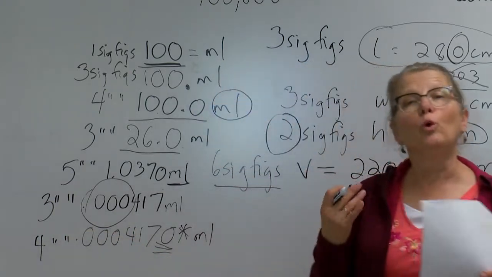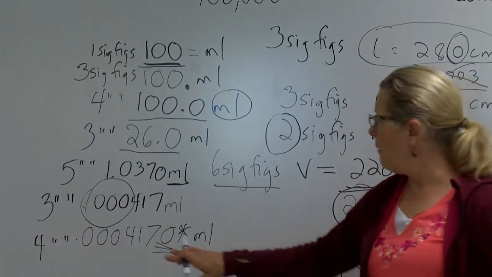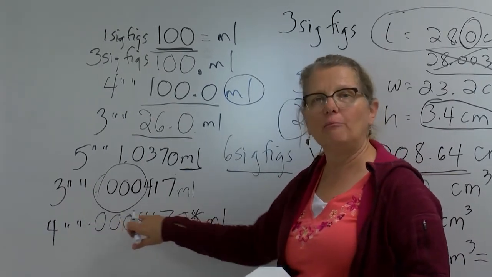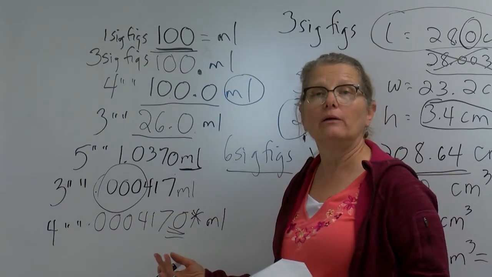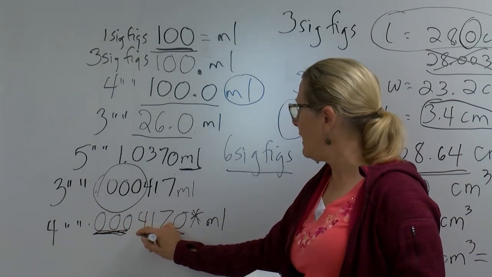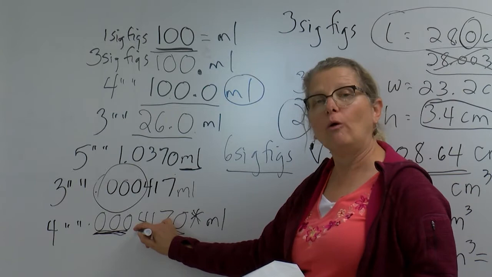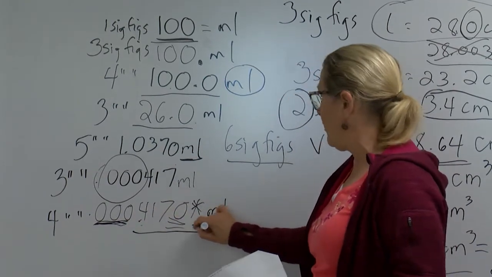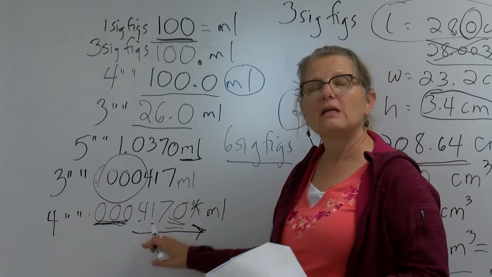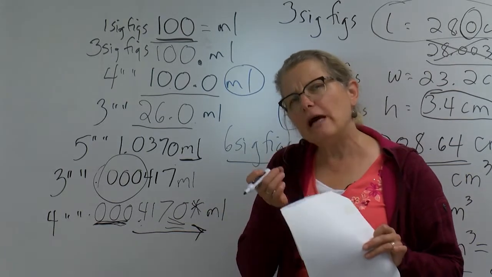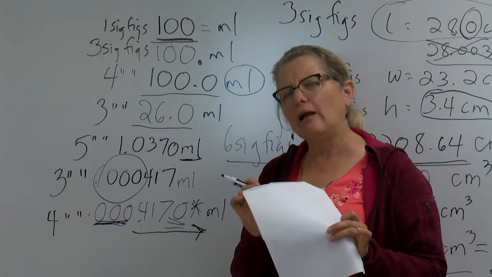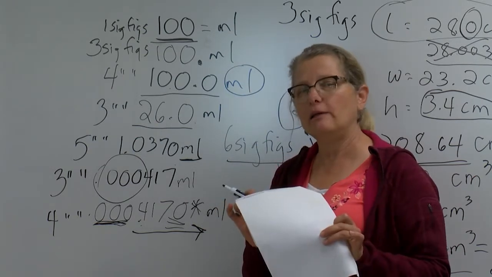So kind of a rule for numbers less than 1, you don't count any zeros that are before an actual whole number. I just started counting at the first whole number, and anything after that, we call it a significant figure. Significant meaning we measured it that accurately. This measurement was super accurate, done with very accurate instrumentation.